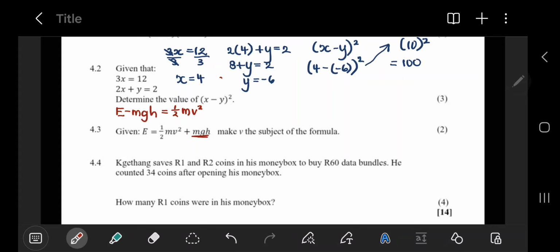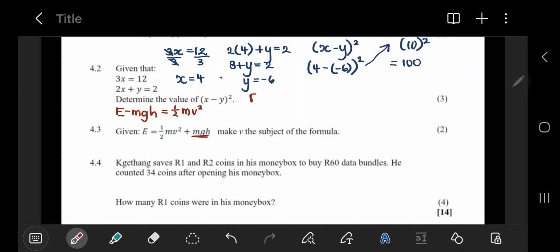Now in the next step, you want to get v alone on the right hand side. So you don't actually want this a half m. So what are we going to do about that? To get rid of the half m, we are going to divide both sides by a half m.